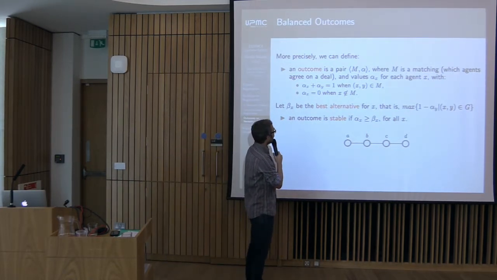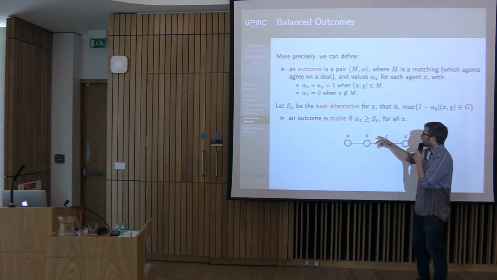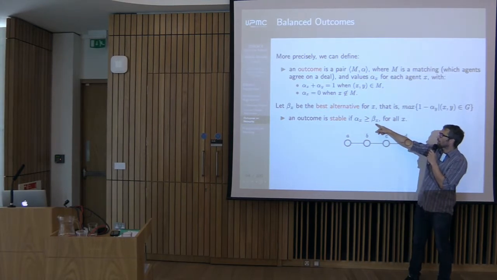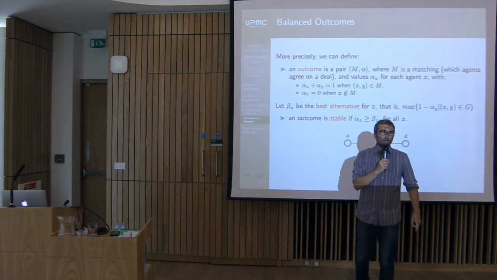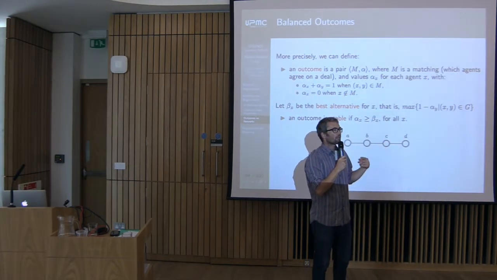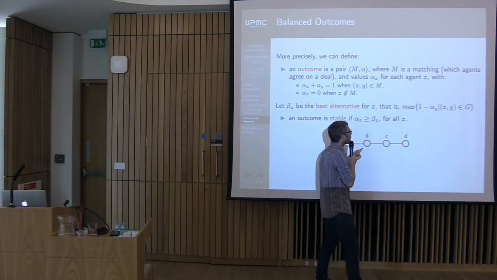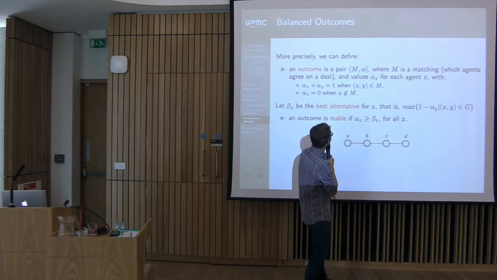And here we have this notion of stability, which says this: an outcome is stable if for each agent his alpha X is better than his beta X. And what is beta? Beta is the best alternative that the agent could get in the network. So what does it mean?